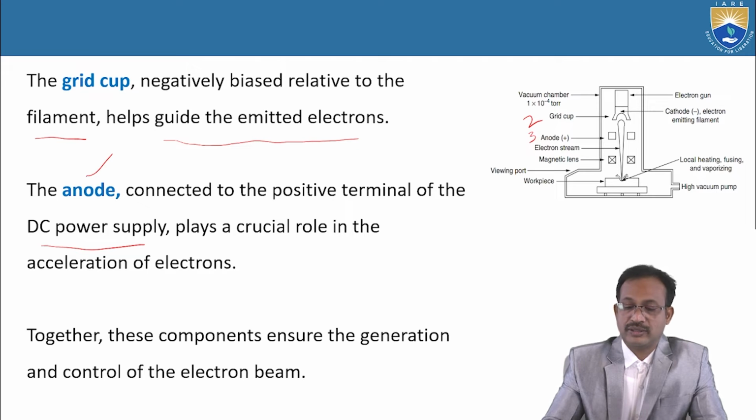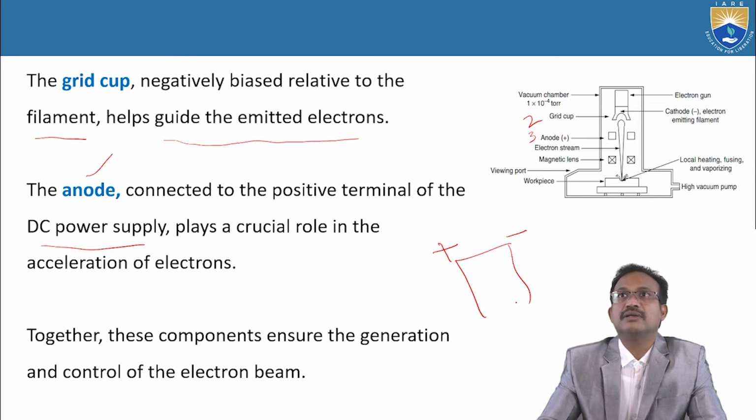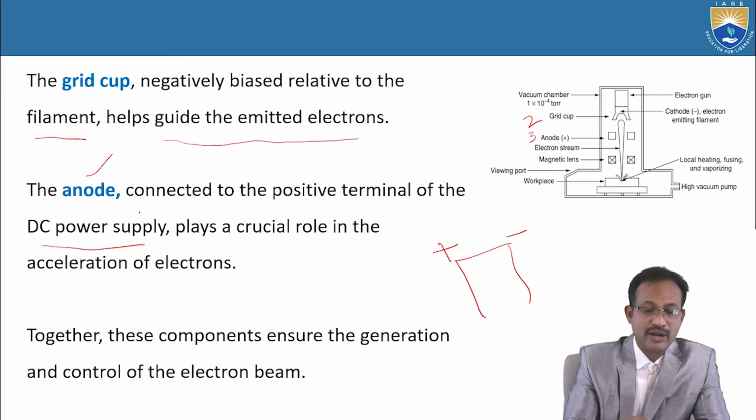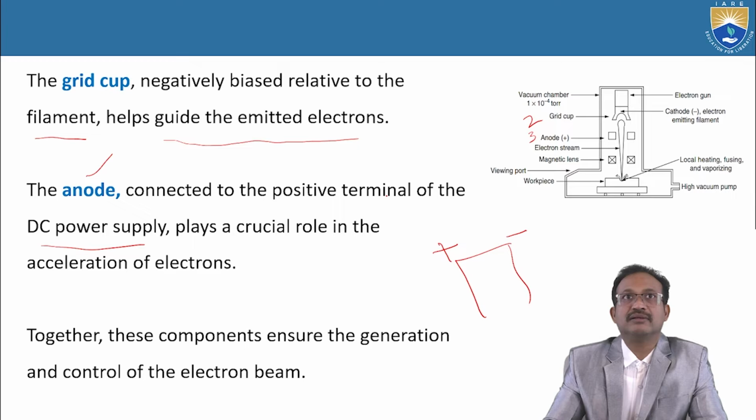So here, positive terminal and negative terminal. The positive terminal is connected to the anode, and the negative terminal to the cathode.